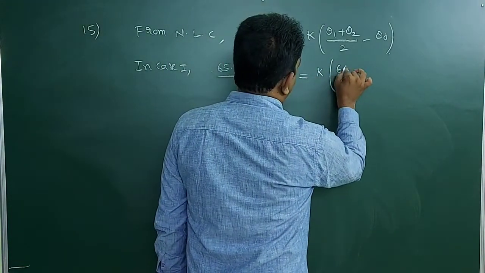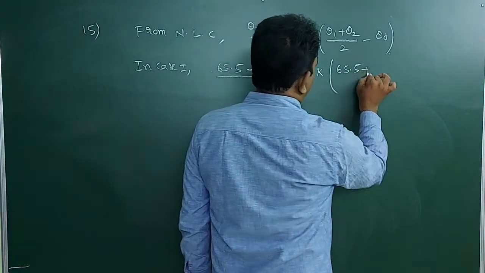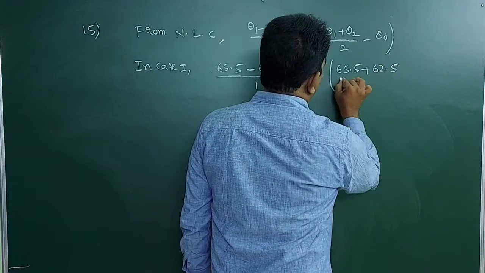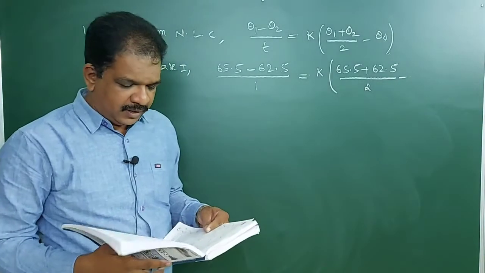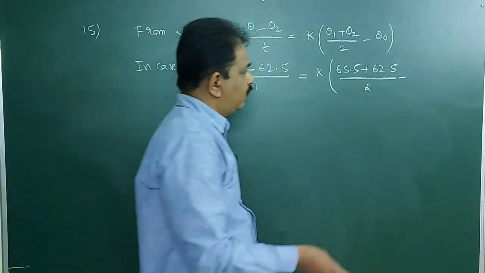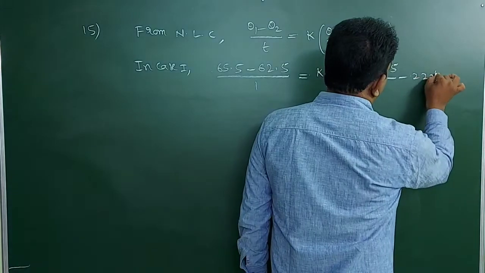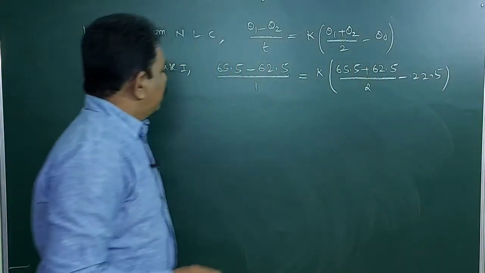K into (65.5 plus 62.5) by 2. The surrounding temperature they gave is 22.5.